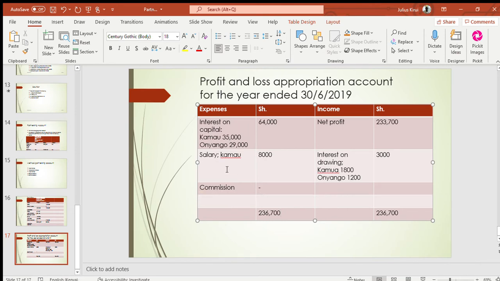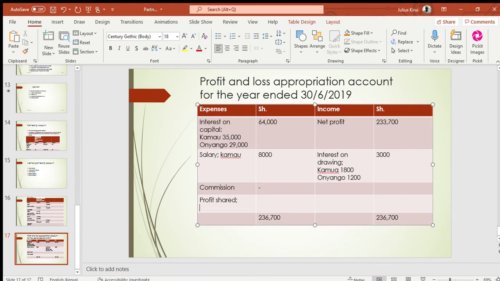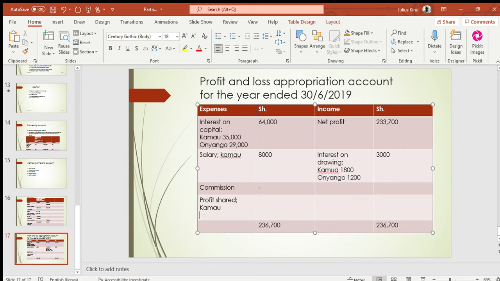So what is our profit shared? The profit will be shared among partners in their profit sharing ratio. Profit shared. Kamau is getting what? And Onyango is getting what? So use the profit sharing ratio. What is the difference? 236,700 minus 72,000.